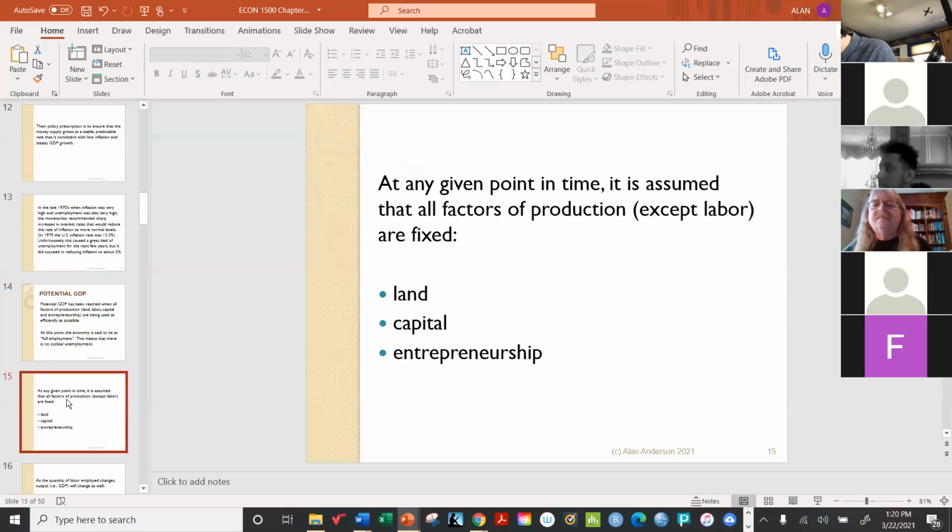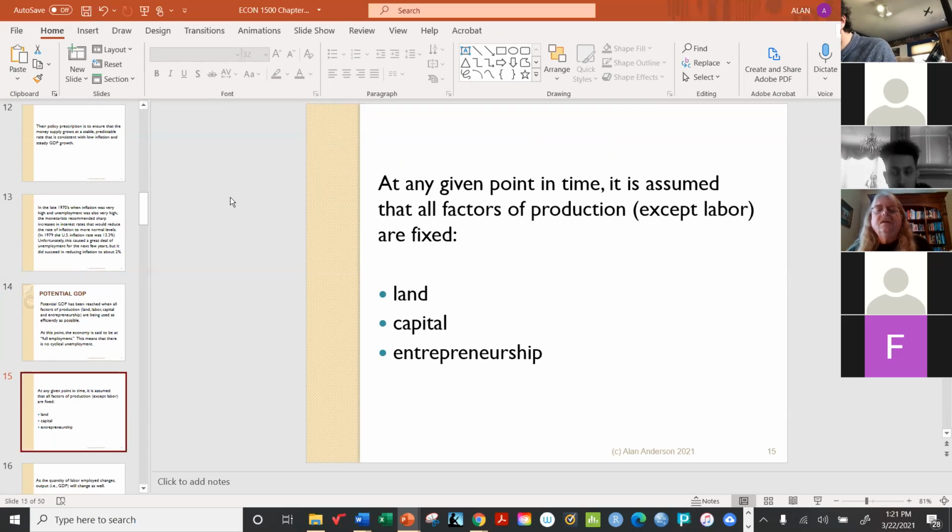Anyway, so at any given point in time, in economics, we call this the short run, we're going to assume that all the factors of production except labor are fixed. All right, in the short run, if you want to expand the size of your business, the only way you can do that is to hire more workers.